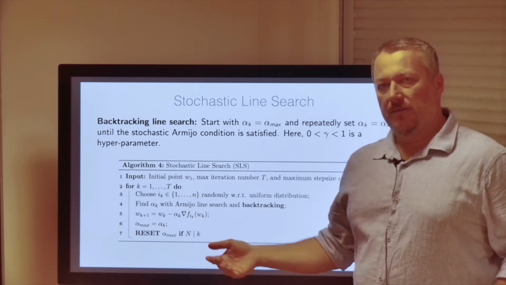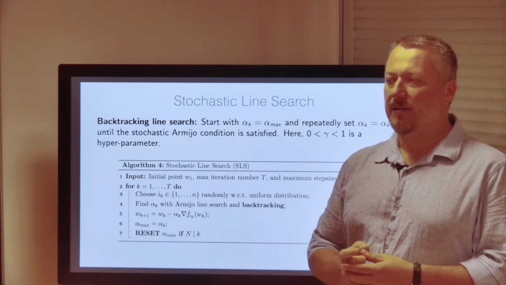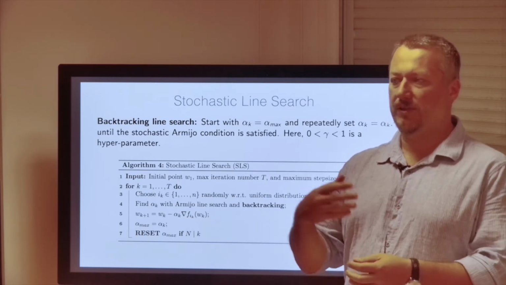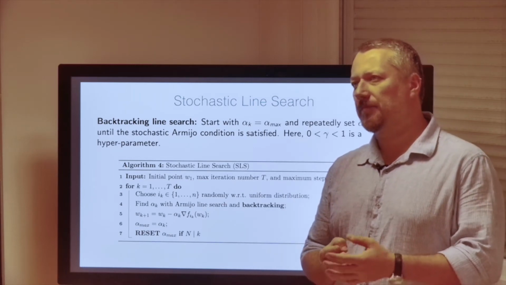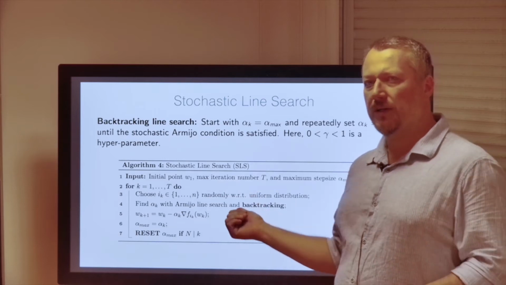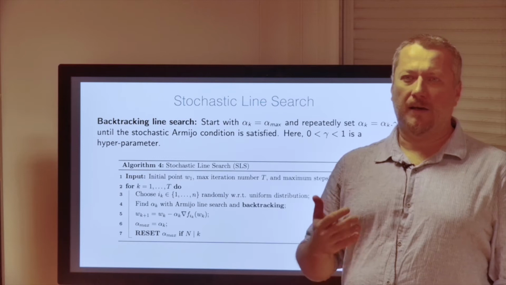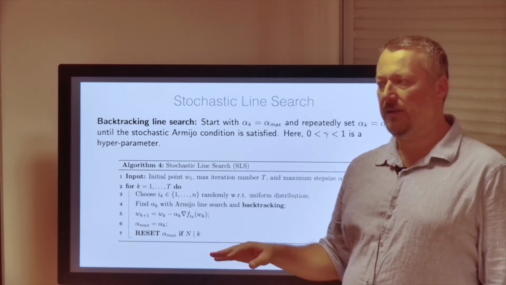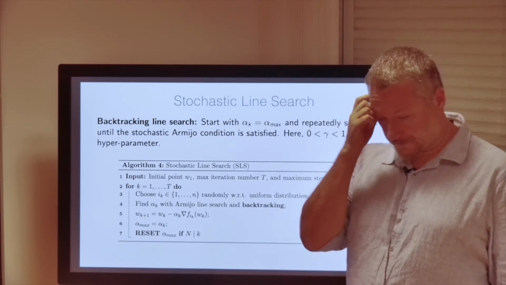One thing is, if you do it this way, especially in deep learning problems where you use a lot of iterations and go over the data again and again, your step sizes diminish quickly, and after a while your algorithm will stall. It cannot move much because your step sizes were small.